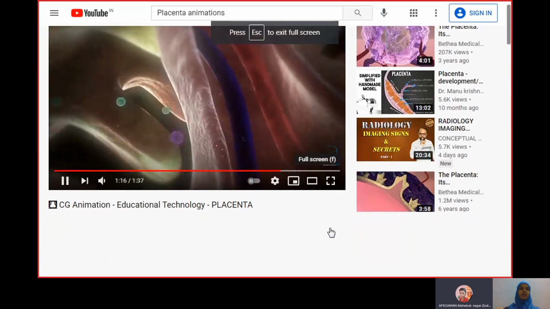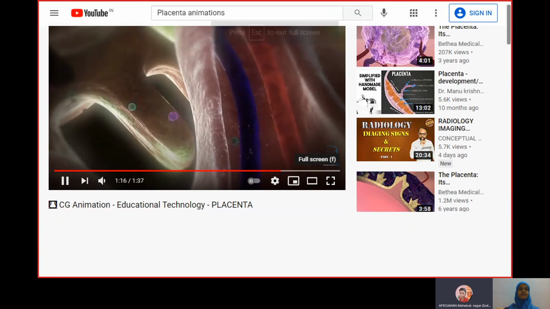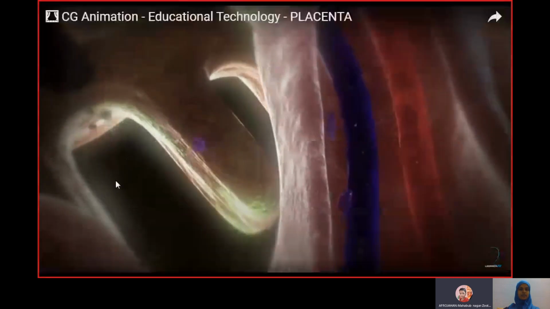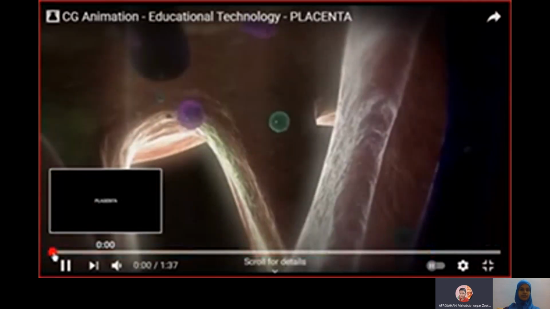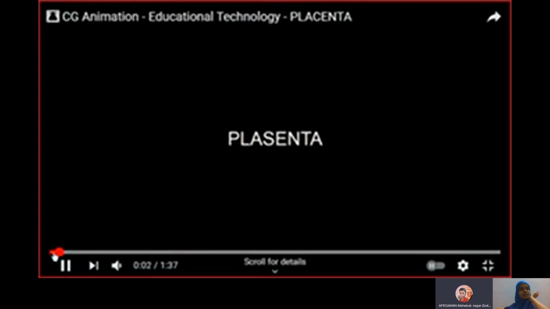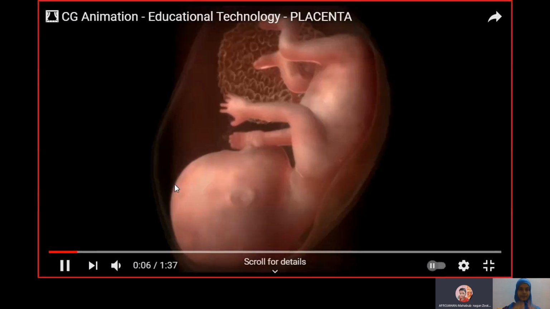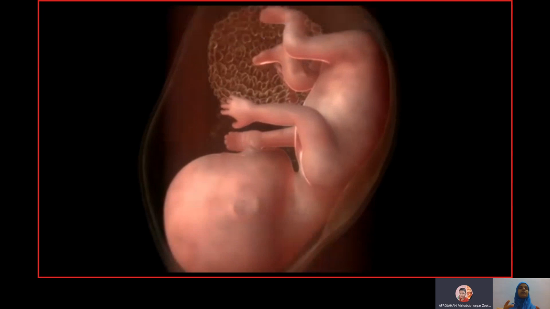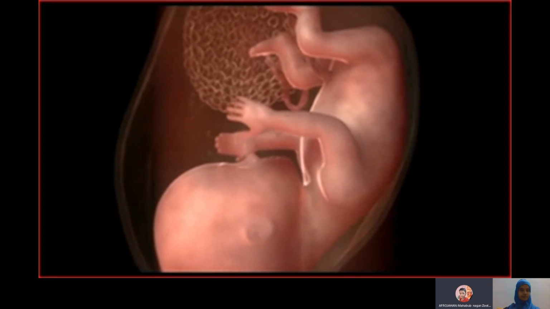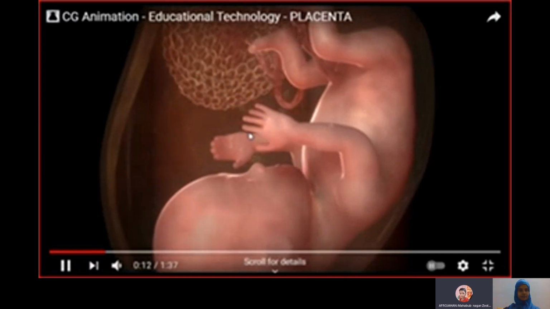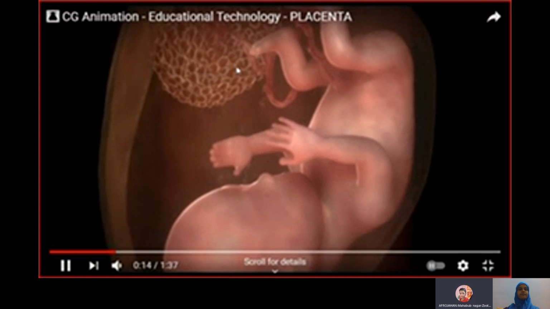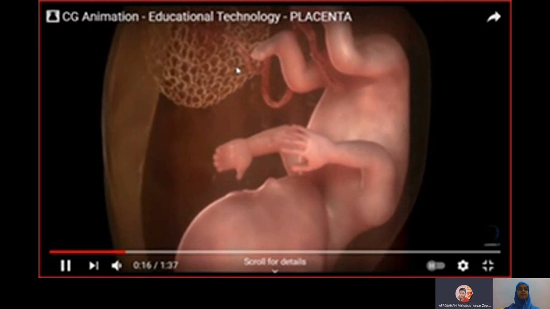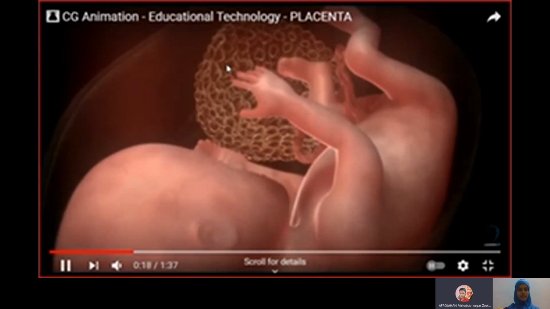See, as we discussed, from the chorionic villi the blood vessels of the fetus will come, and from the uterus linings the mother's blood vessels will supply whatever materials are required. See here, this is the placenta.